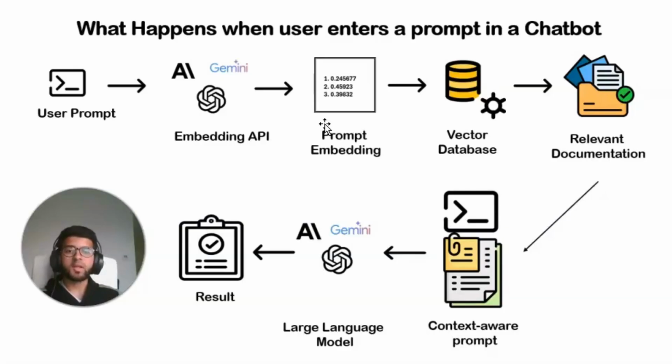vectors. Now these two vectors are compared, and when we compare them, we look at the difference between these numbers. So the smaller the difference, the more similar the words are. Now once we have done that, we have found all the chunks that are relevant to the user's prompt.